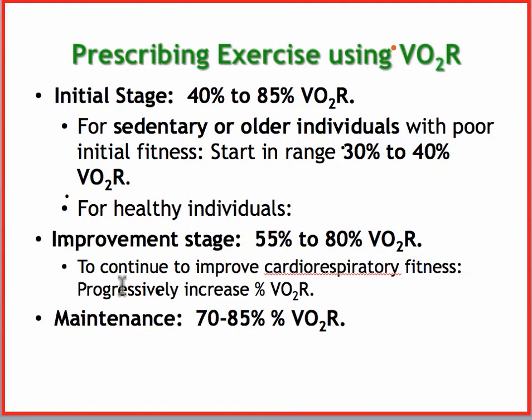Then as they train over those 3 to 8 months, you want to monitor the exercise intensity and continuously tweak either frequency, duration, or intensity to stimulate further cardiorespiratory improvements. Once they're at the maintenance stage, you want them to exercise at about 75 to 85% of their VO2 reserve. It seems like that's a high enough intensity for them to maintain their cardiorespiratory fitness.